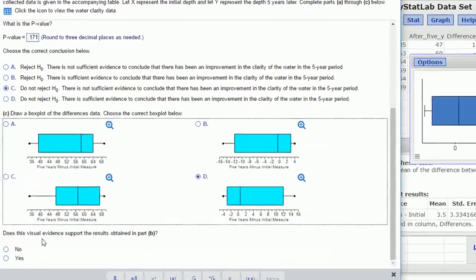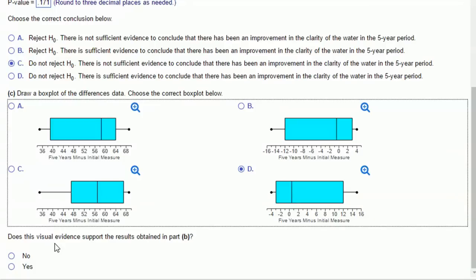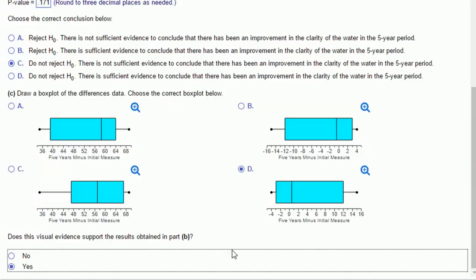Does the visual evidence support the results obtained in part B? Basically, 0 is really close to the median, and so yeah, that supports it. If the change is positive, that means it's getting clearer. If the change is negative, it's getting murkier.